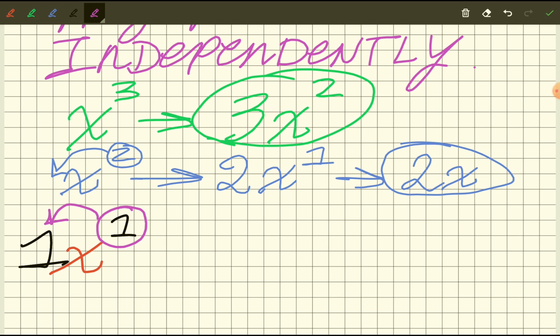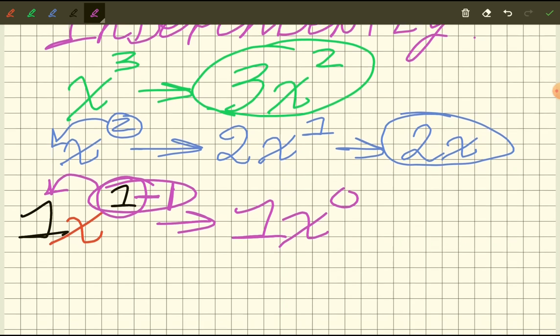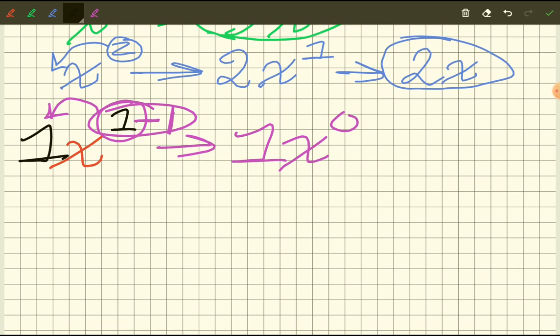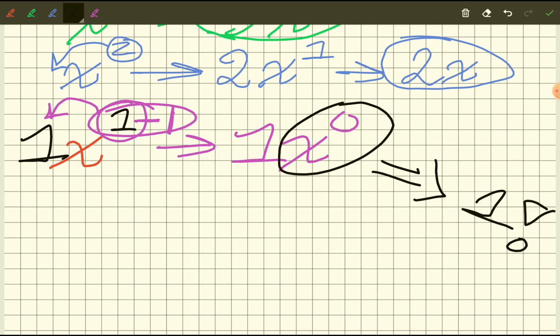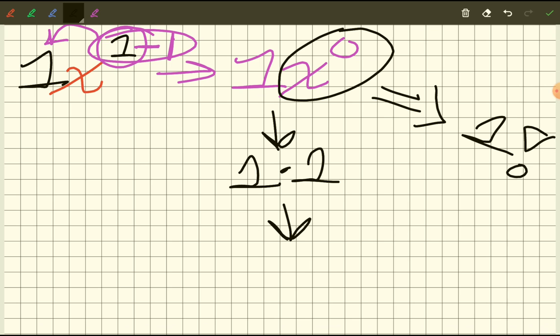So following that, we get 1. Keep the x there, just like normal. And now don't forget we subtract 1 from the original exponent. So now I have x to the 0. But if you remember, anything raised to the 0 power is 1. So don't I actually have 1 times 1? And isn't that just 1?